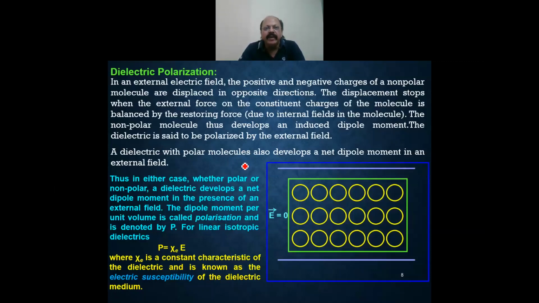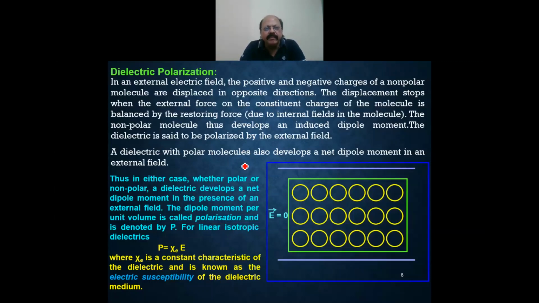What happens when the positive and negative charges get separated? Then an internal field is developed. So non-polar molecules thus develop an induced dipole moment, and the dielectric is said to be polarized by the external electric field. This phenomenon is known as dielectric polarization.